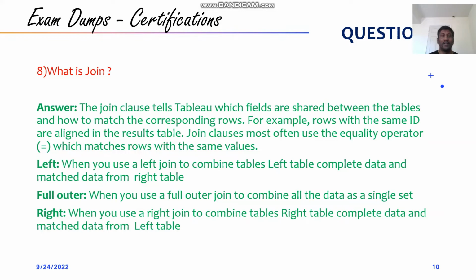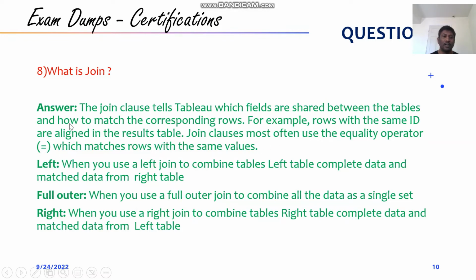It means any two tables or two data sets, to create a relationship between set 1 and set 2, you will create a join. The answer is: the join clause will tell Tableau which fields are shared between the tables to match corresponding rows. For example, with the same ID aligned with the results table, the join clause must be used.